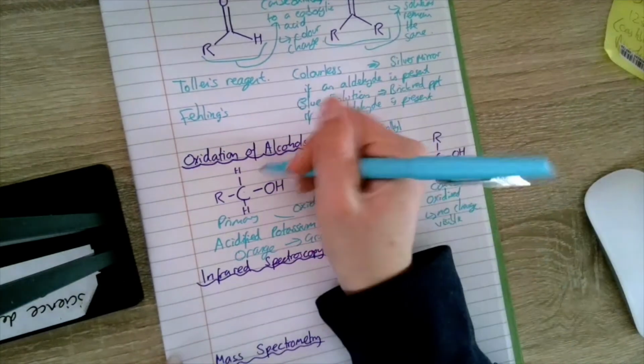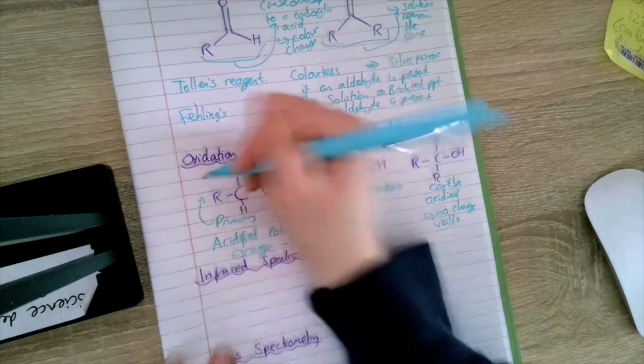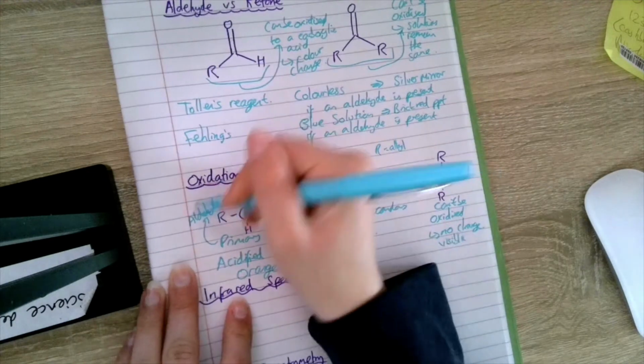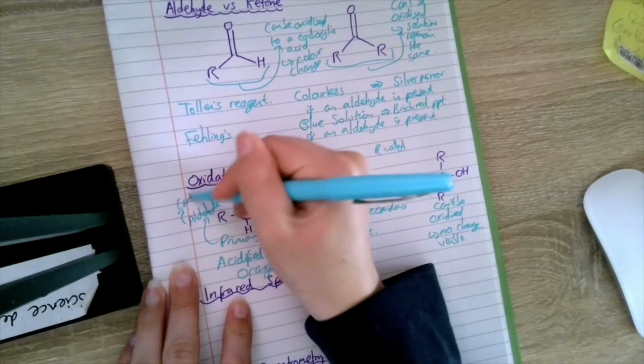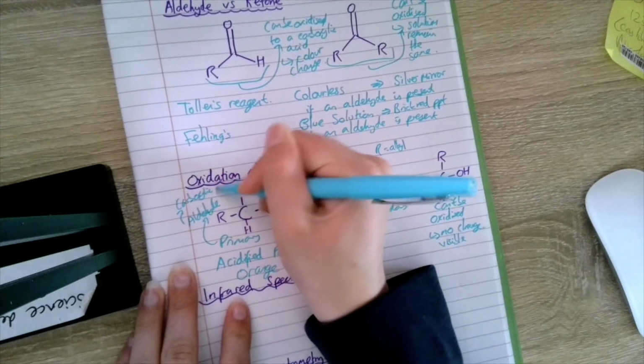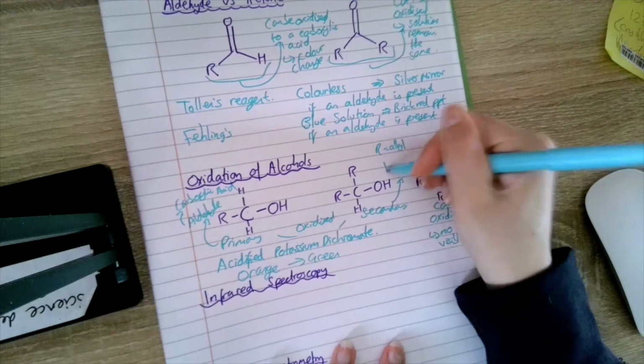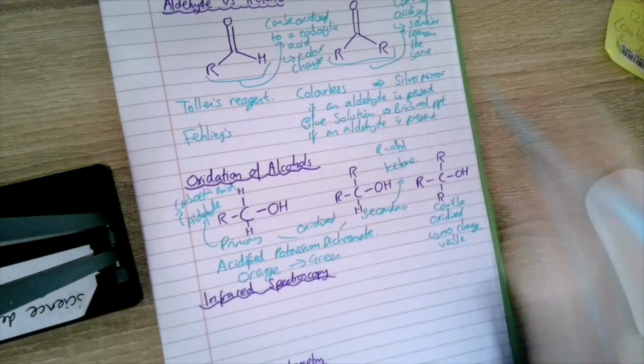Our primary goes to form an aldehyde, which we know can also be further oxidised to a carboxylic acid, whereas our secondary goes on to form a ketone, and that can't be further oxidised.